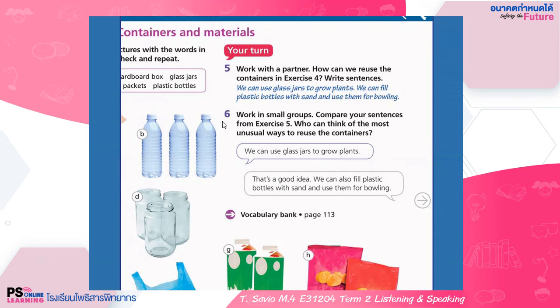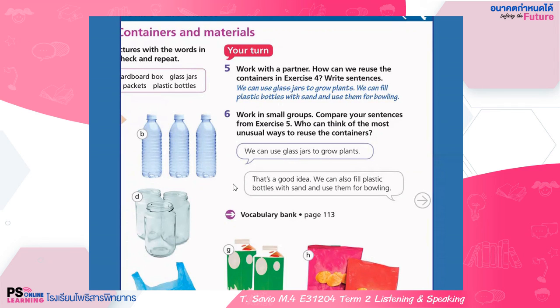Exercise 6. Work in small groups. Compare your sentences from exercise 5. Who can think of the most unusual ways to reuse the containers? Example, we can use glass jars to grow plants. That's a good idea.